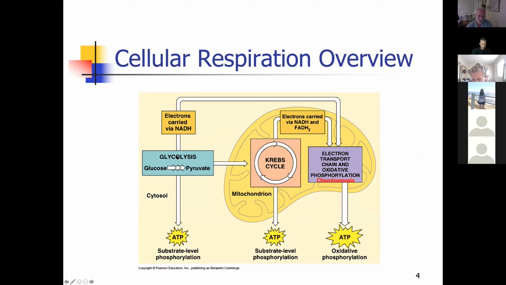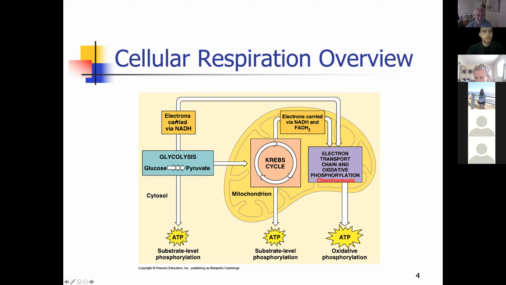That process is a nine-step process that leads to pyruvate. I'll show you that later. Pyruvate can then leave the cytoplasm where glycolysis occurs, cross the mitochondrial membrane, and provide the material to start the Krebs cycle.